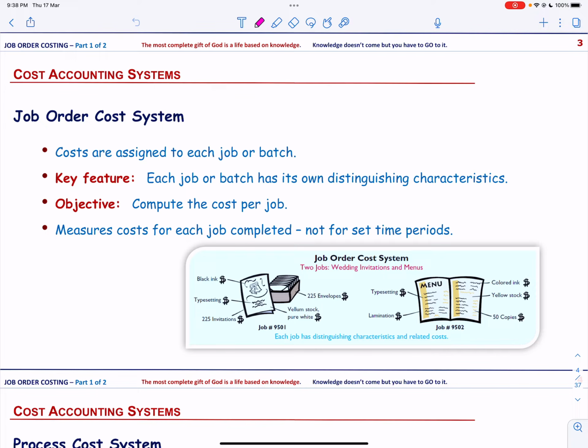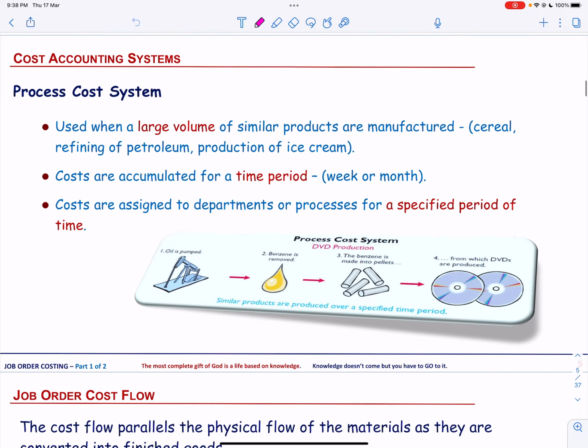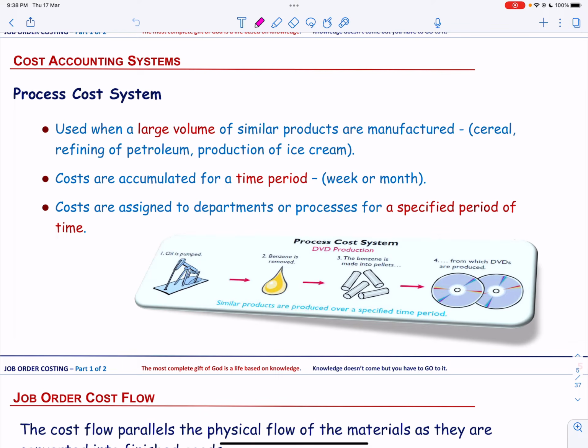Let us now talk about the process cost system. A company uses a process cost system when it manufactures a large volume of similar products. Production is continuous. For example, production of cereal by Kellogg, the refining of petroleum by Aramco, and the production of ice cream by Baskin Robbins.